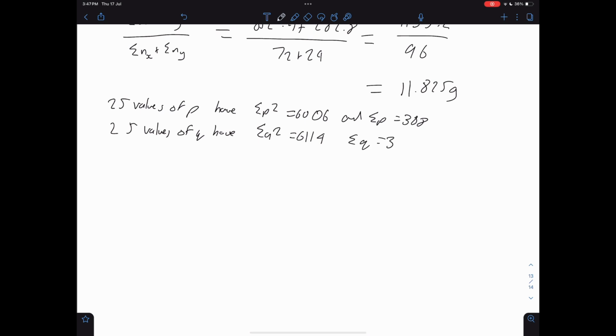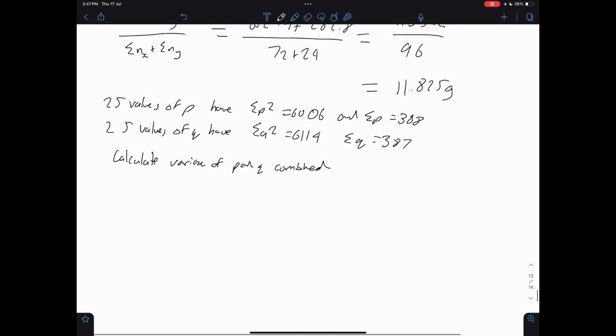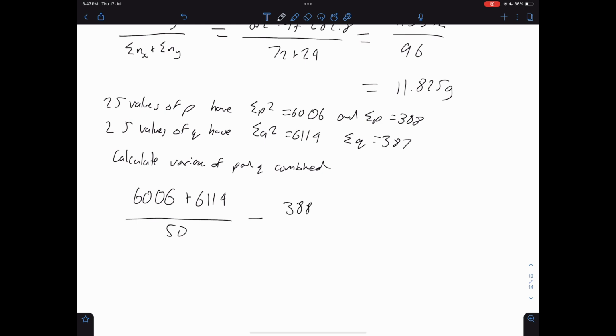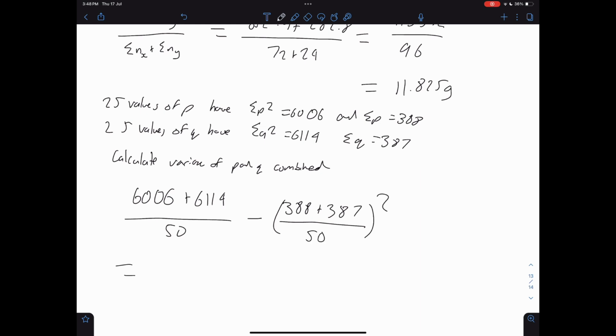So it asks you to calculate the combined variance. So what we'd do is sum of p squared, 6006 plus sum of q squared, and divide that by 50, and minus 388 plus 387 over 50 squared. And so that would lead to 2.15.